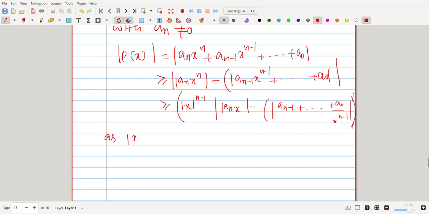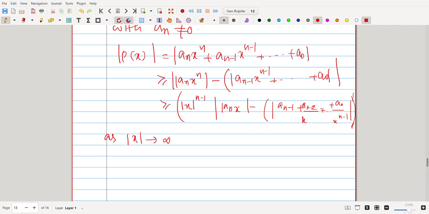As mod x tends to infinity, all these terms go to 0, because this term is a_{n-2} by x power n minus 2, and this is by x and so on, right?